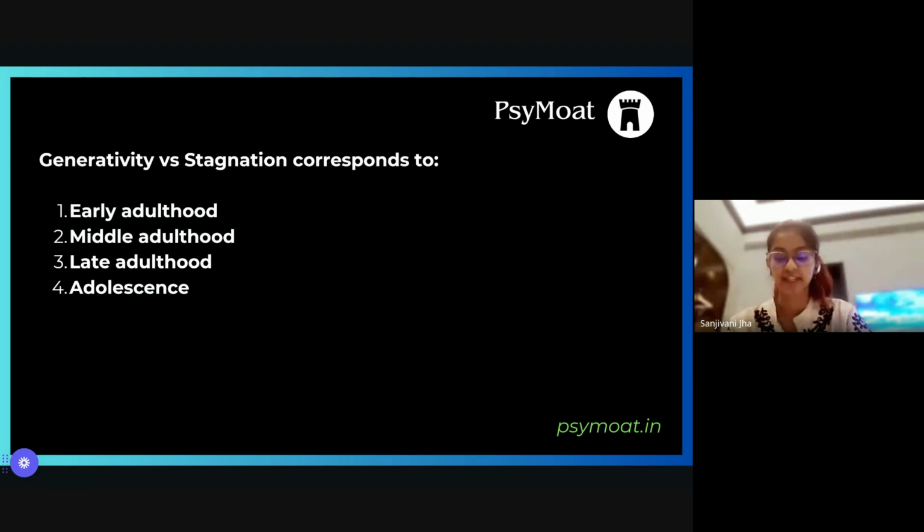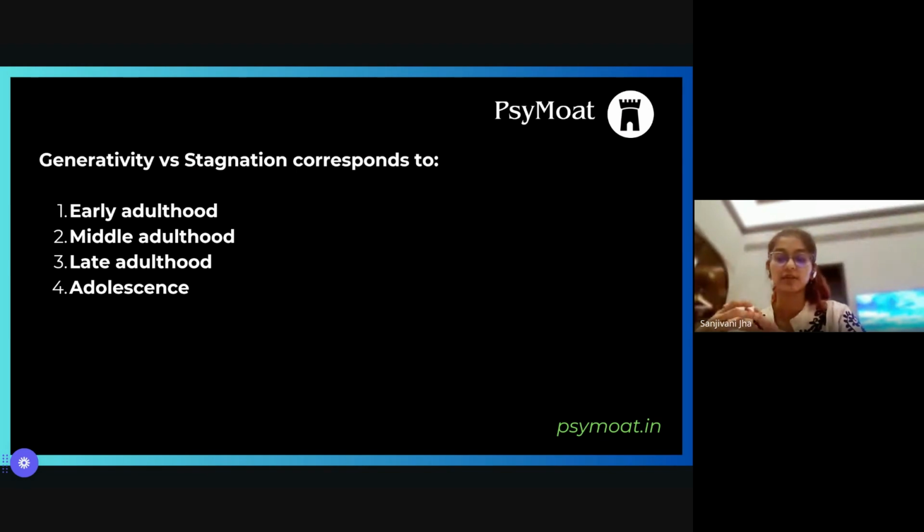Yes, Erikson. And late adulthood is related with which category? Maturity. Okay. Any other answers? Yes, integrity versus despair.